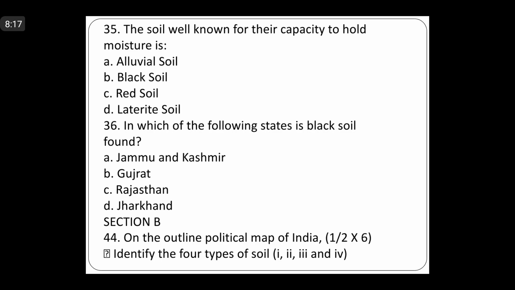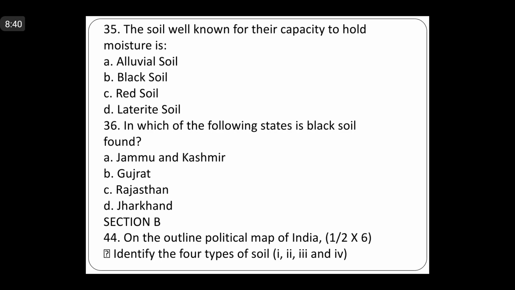Most of the area is covered by black soil, right? If you compare the percentage, you cannot see the same percentage of black soil in Jammu and Kashmir, Rajasthan, or Jharkhand, or the formation has not taken place in such quantity in other states.